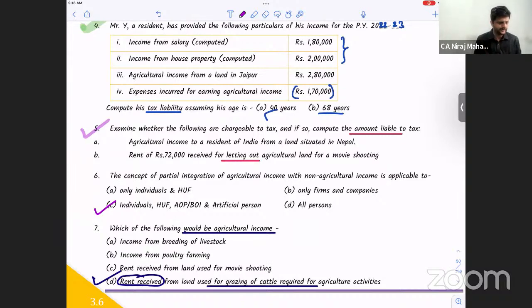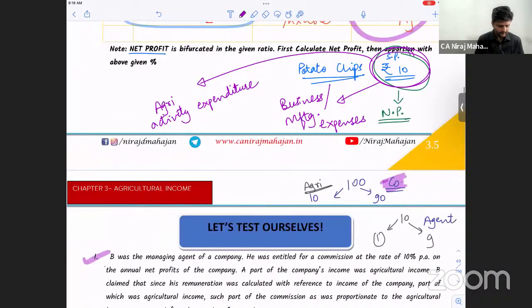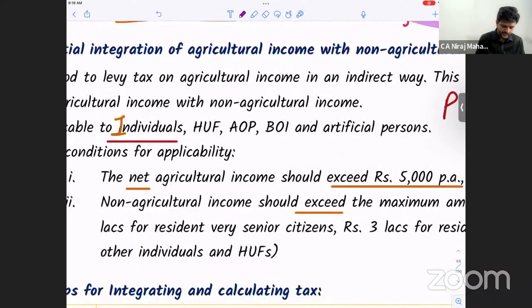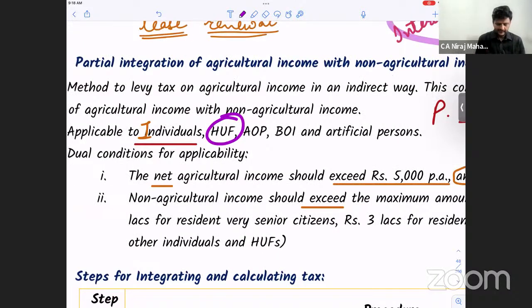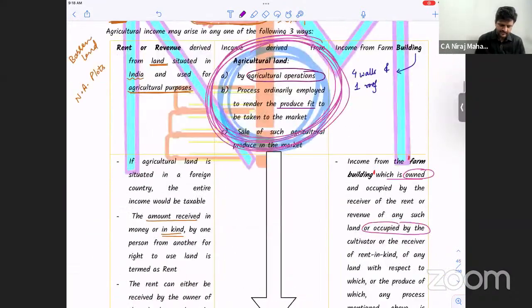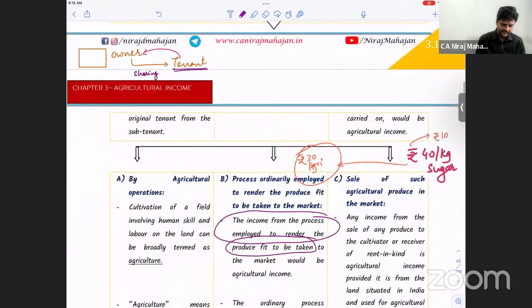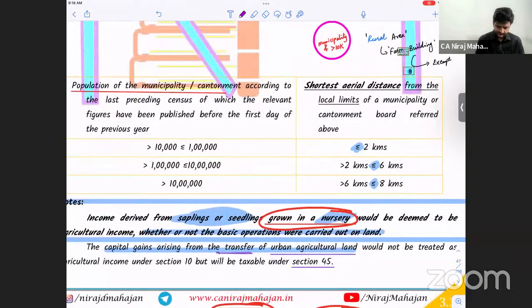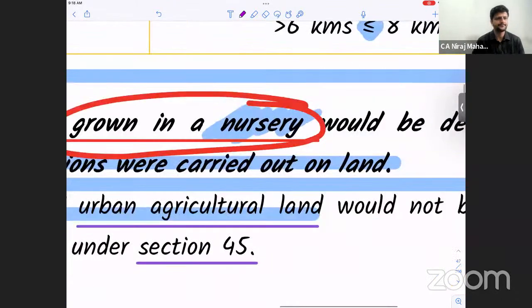So one motivation you should get from this chapter basically: you can start an HUF. Or let us say somebody in your home is not actually earning income, then definitely you can start a nice tax-free income. It also has good income, but the important point is, bachcho, there is no tax on the same.